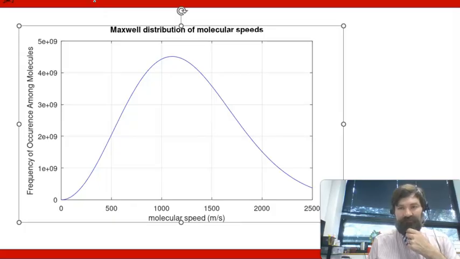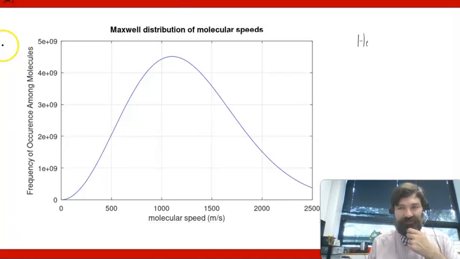So here is a plot for something that has more like the mass of an actual helium atom. This is a helium atom, as it turns out, at room temperature.